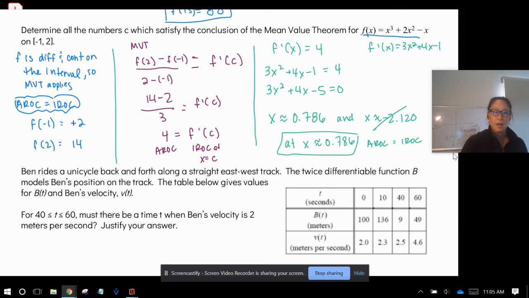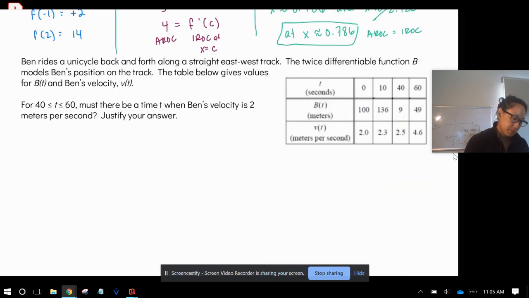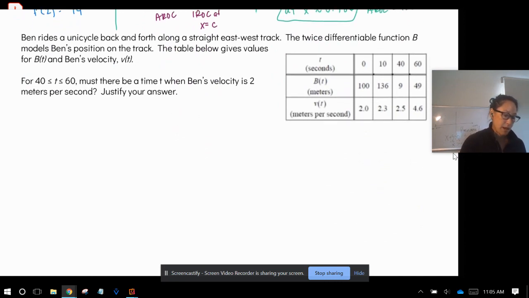Okay. All right, the last one. Ben rides a unicycle back and forth along a straight east-west track. That's skill. The twice differentiable function b models Ben's position on the track. The table below gives values for b of t and Ben's velocity.